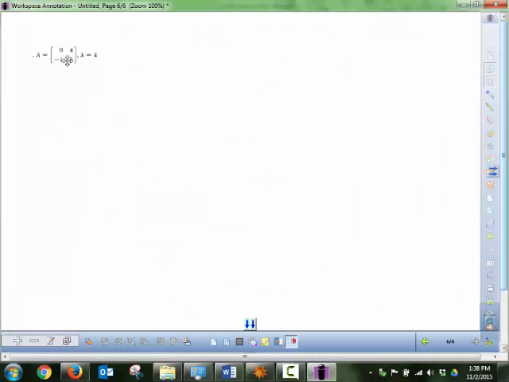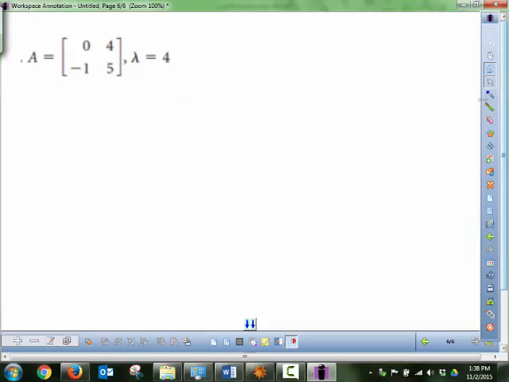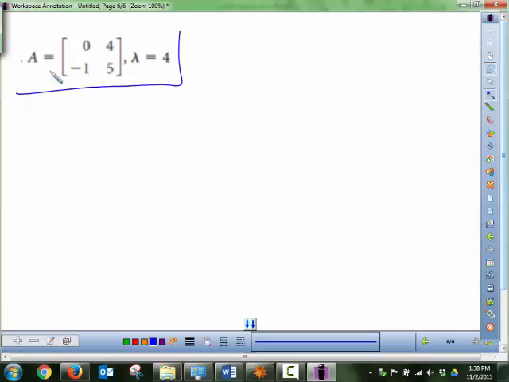Eigenvalue of 4. But let's see how to get that eigenvalue. And maybe there's 2 eigenvalues, I don't know. Maybe there's only one. So let's start off with our matrix and start from scratch. Let's pretend that this wasn't given to us. Lambda is equal to 4 was not given to us. Let's actually find it.